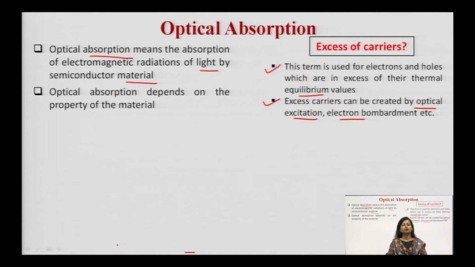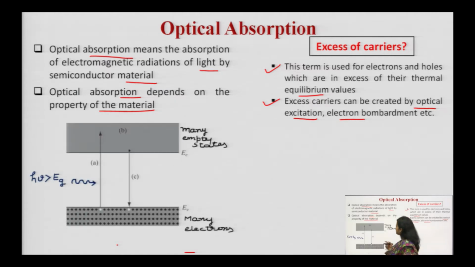When light is incident on a semiconductor material, this optical absorption process follows. And optical absorption depends on the property of the material. How much absorption will take place depends entirely upon the property of that particular semiconductor material.